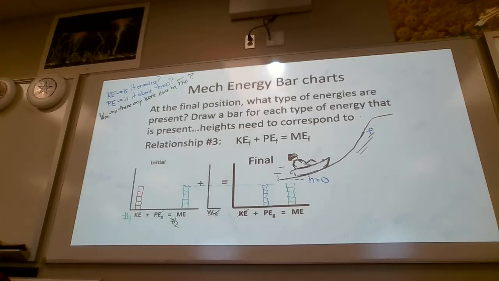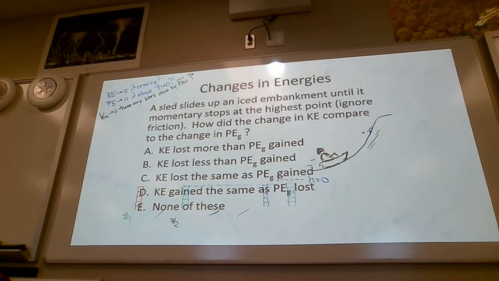Was it gained or lost? It was gained. How much did it gain by? 5 pennies. Okay. So tell your neighbor the correct answer. Correct answer is C. Good with that?